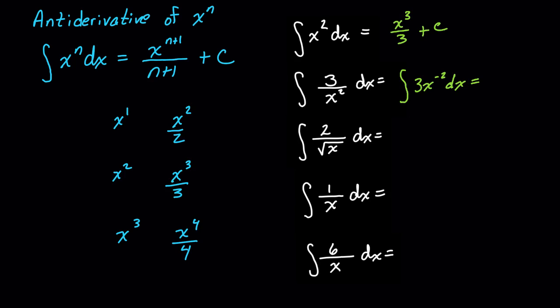And the antiderivative of this then, well, if you add 1 to the exponent, that is going to give you 3x to the negative 1 over that new exponent. All right, so simplifying would give you negative 3 over x. This one you would want to convert to 2x to the negative 1/2 dx.